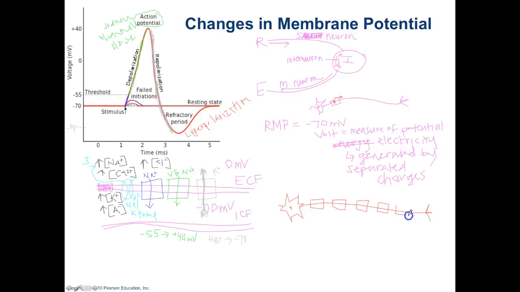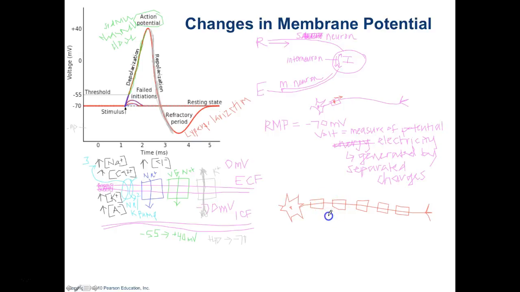What were the cells that created the myelin sheath in our central nervous system? Oligodendrocytes. What about in our peripheral nervous system? Schwann cells. They're both creating the same exact thing.